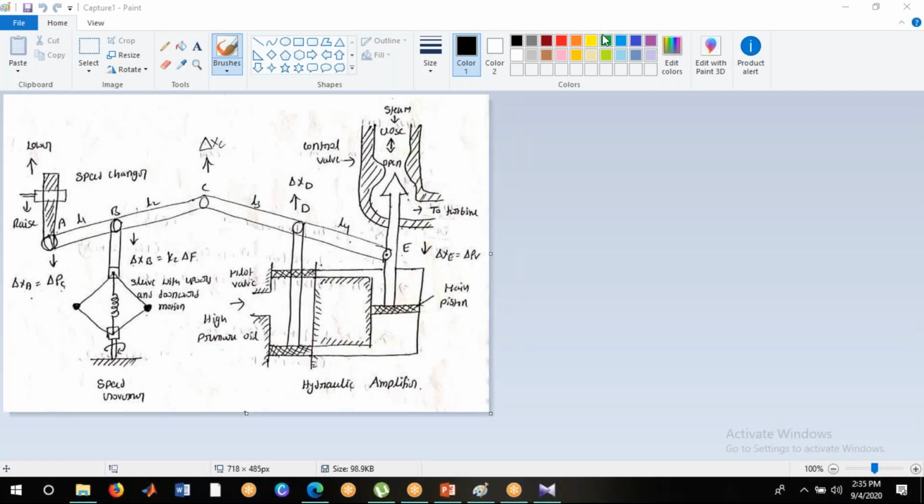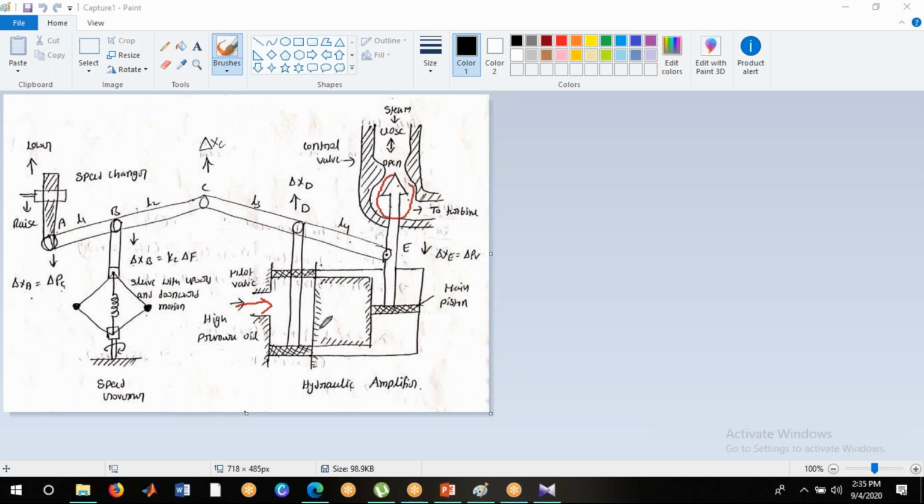Right. See here, the valve. This is the valve that is connected to the steam to the turbine. By moving this up and down, we can inject the high pressure steam into the turbine. This movement completely depends on the hydraulic amplifier. Suppose the high pressure oil is injected here, what will happen?